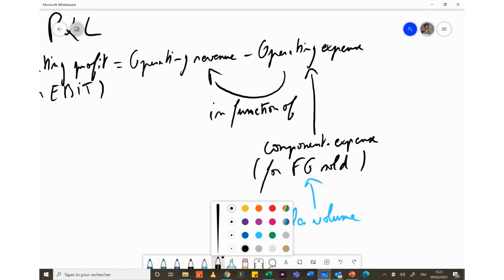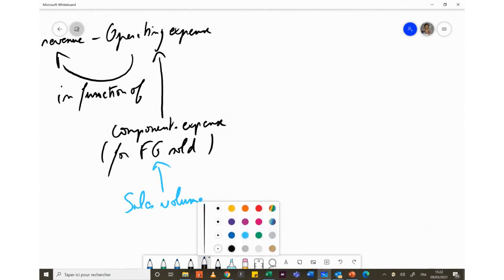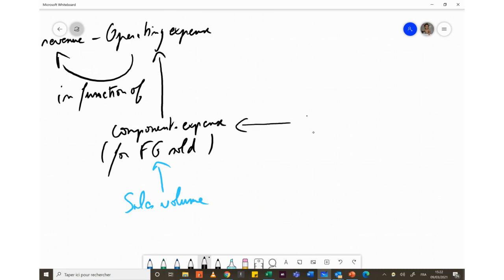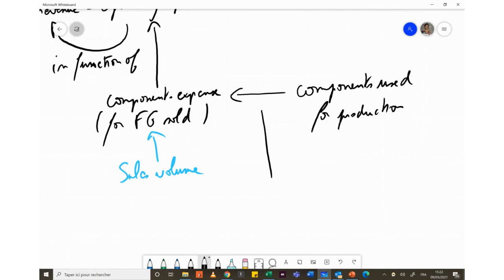What you need is not in function of the sales volume. What you want is in function of the production. So you want the components used for production. But you have one piece of information. We know that the change in finished goods inventory is equal to 0.